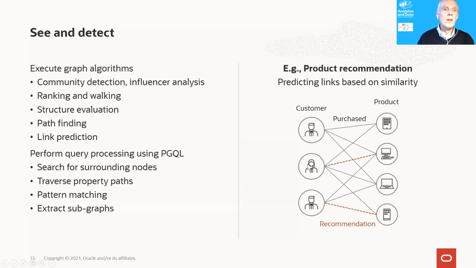These are the kind of things where, by executing graph algorithms, product recommendation algorithms, community detection algorithms, all the things which we offer as part of the kit, you can run the analysis, and you can also use the interactive queries or the pattern matching queries to analyze specific environments.